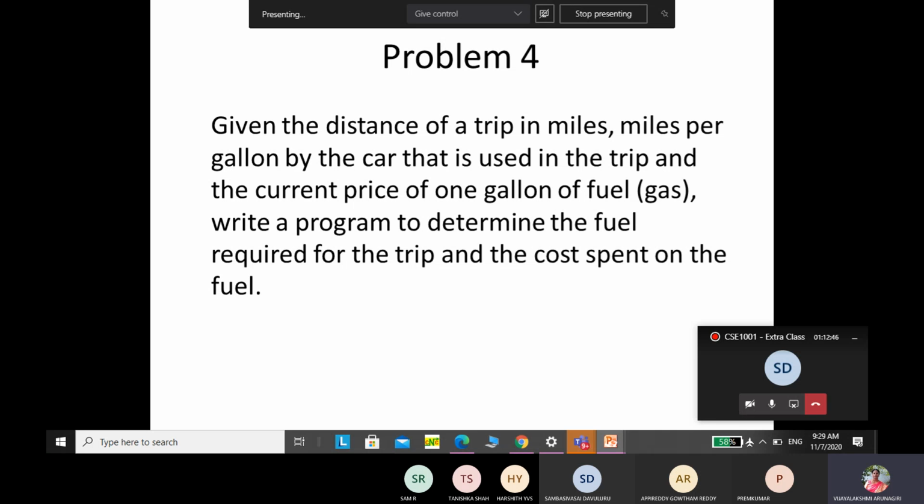Is it correct or not? Correct, ma'am. Distance of a trip in miles divided by miles per gallon gives how much fuel is required. And how will we find the cost? Calculated gallons that we got into the cost per gallon. Okay, that is the answer, right?